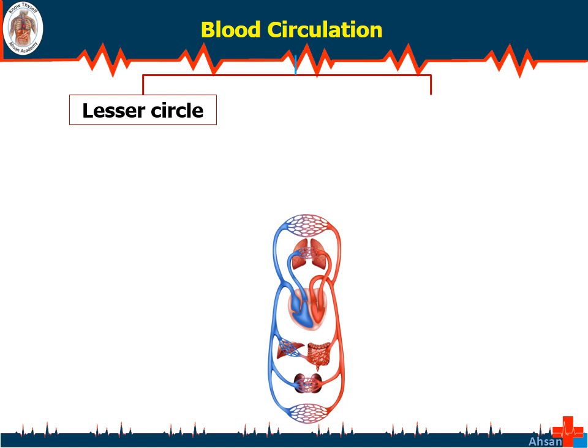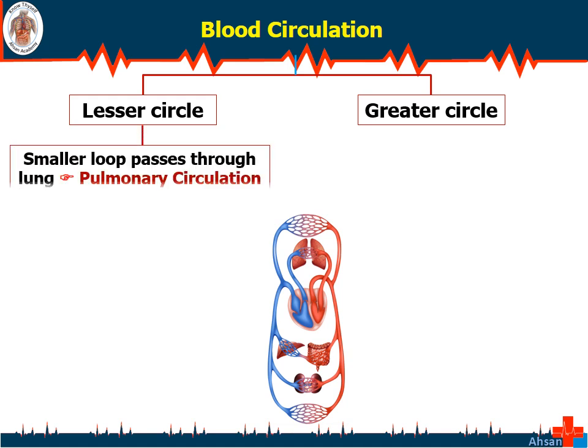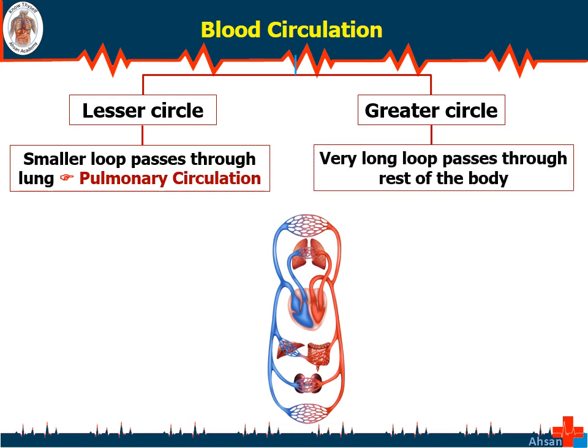There are different types of circulation present in the human body. That may be shorter, this is lesser circulation, and maybe bigger, this is greater circulation. So this circuit which is smaller is the lesser circuit, and this circle will carry blood from the heart to the lung and return back to the heart, and the objective of this circulation is to have exchange of oxygen from the atmosphere to the blood, and carbon dioxide from the blood to the atmosphere.